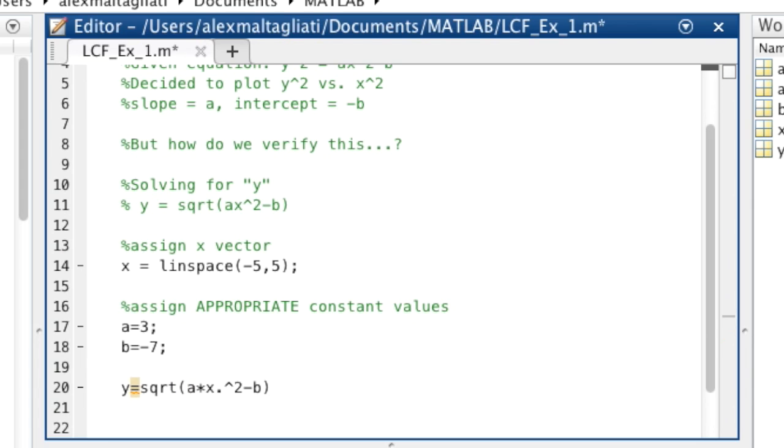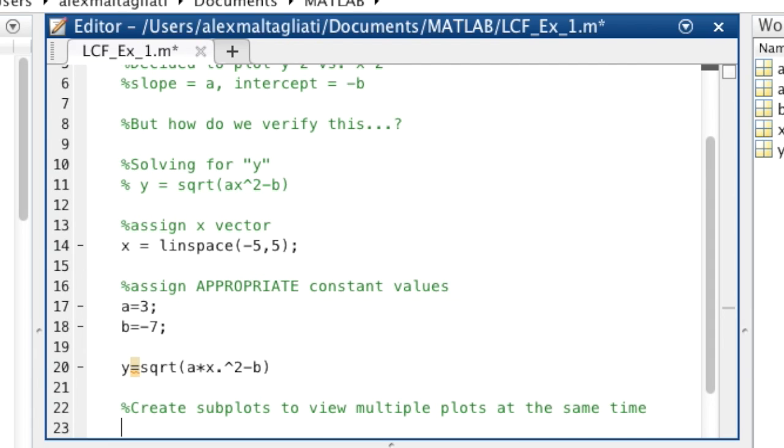Okay, and at this point I would recommend creating subplots to view multiple plots at the same time. And it'll become a little more clear while we're doing this. Okay, and remember, ultimately we want a straight line.